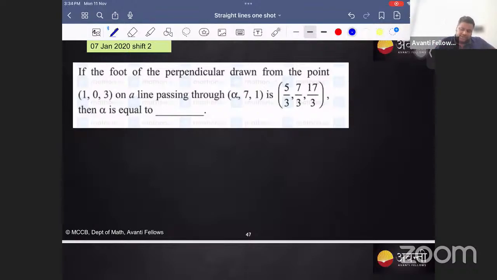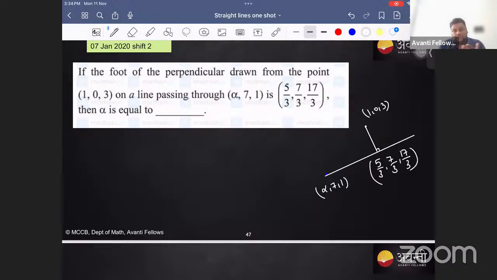So the question is like, there is a line which is passing through (alpha, 7, 1). And then there is a point (1, 0, 3). From (1, 0, 3), the foot of perpendicular on this line is (5/3, 7/3, 17/3). Okay, this question actually turned into 3D geometry. All right. So let's leave it as of now.